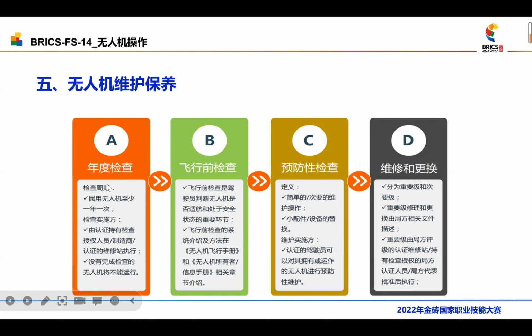The annual check includes the check cycle: the civil UAV should be checked at least once a year, and it should be checked by the authorized personnel or the manufacturer. The UAV without the check cannot fly.